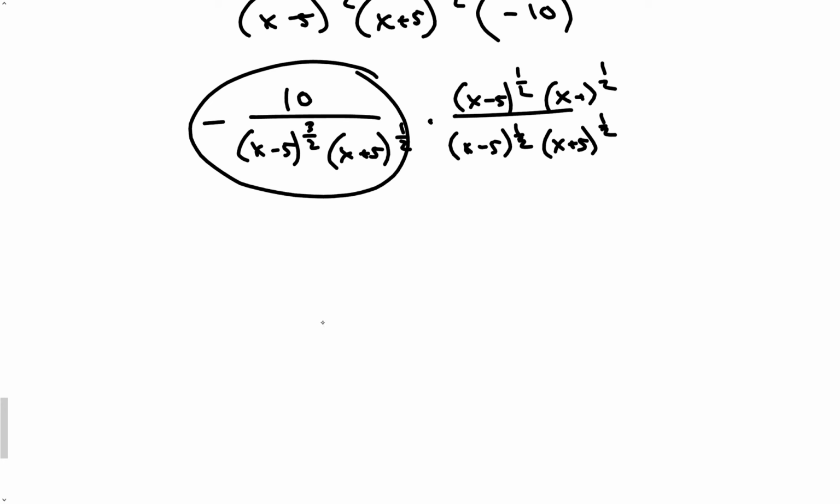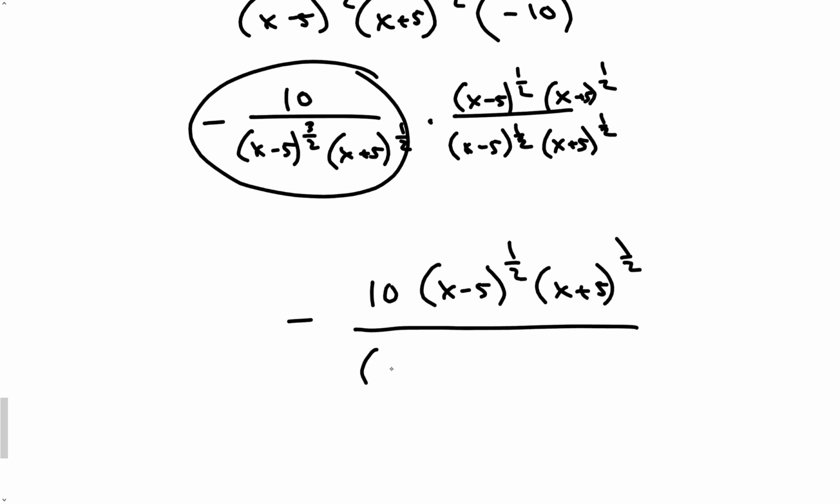It's just not rationalized. So my full answer, that is both simplified and rationalized, would be negative 10 times x minus 5 to the 1/2 power, x plus 5 to the 1/2 power, all over x minus 5 squared x plus 5 to the first.